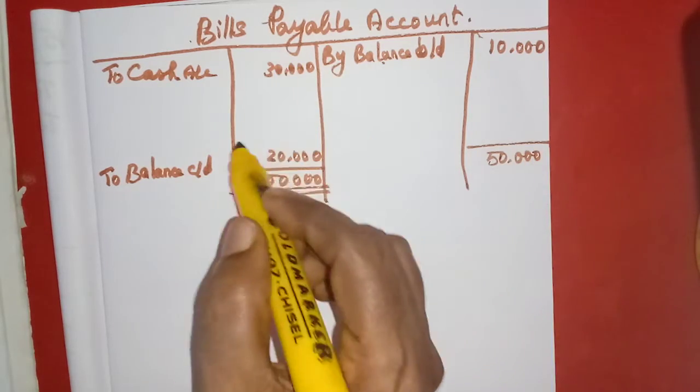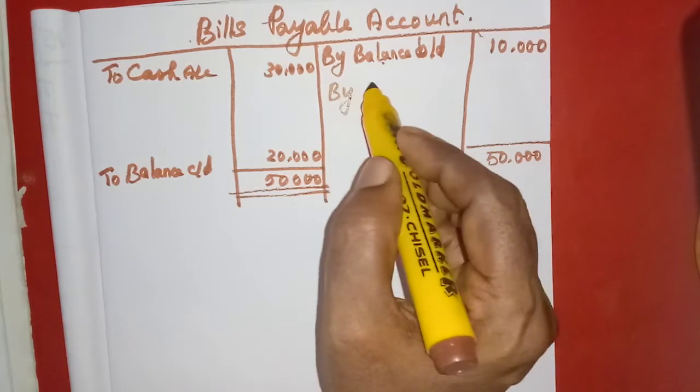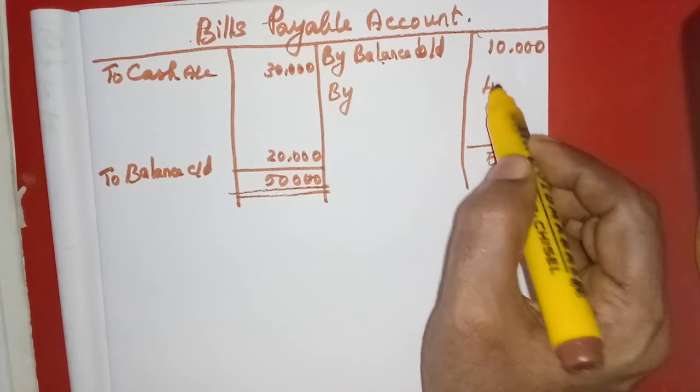Bills payable and bills receivable, very few items only will come. Now here the remaining we will do. Okay, 40,000.